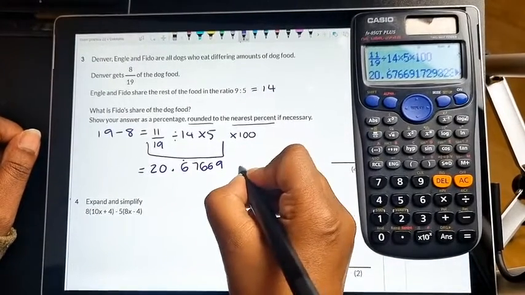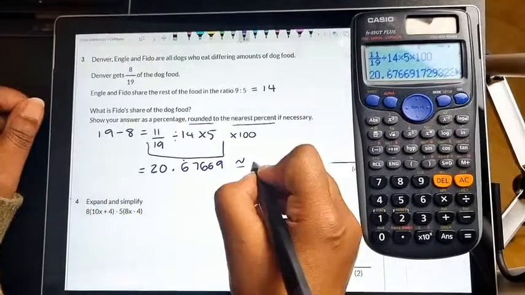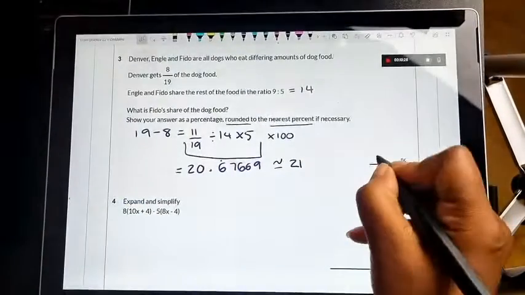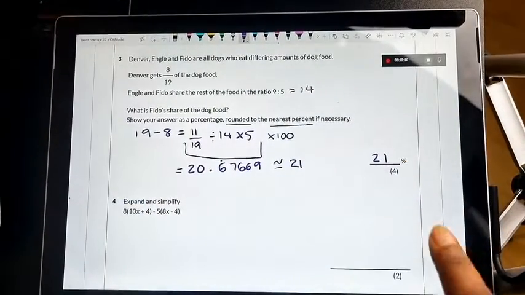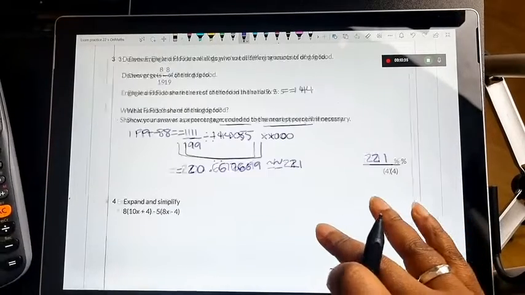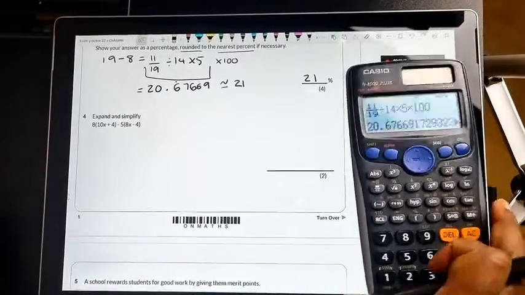And then the approximation for this would be the nearest percent, I think is 21. So you should have 21% as the whole, and you write that on the side. He already has the percent. If he doesn't, please write that down. Okay? Great, guys. Next one.